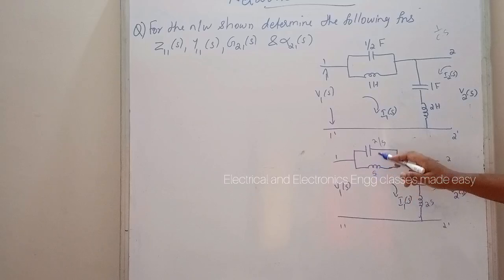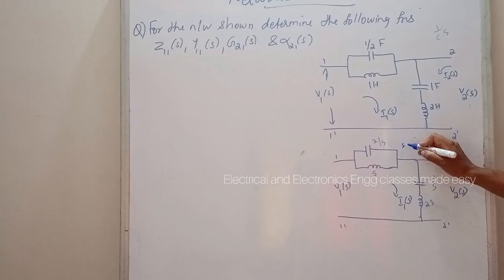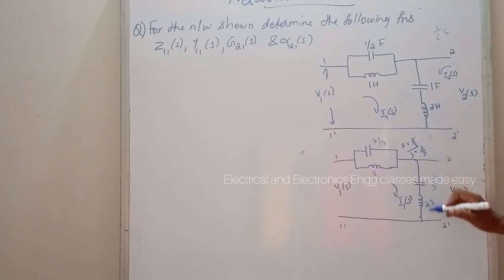Now here these two are in parallel. So we can convert this into single element, that is here we will get s into 2 by s divided by s plus 2 by s. That is we will get 2s divided by s square plus 2. And here also we can convert these two elements into single element.